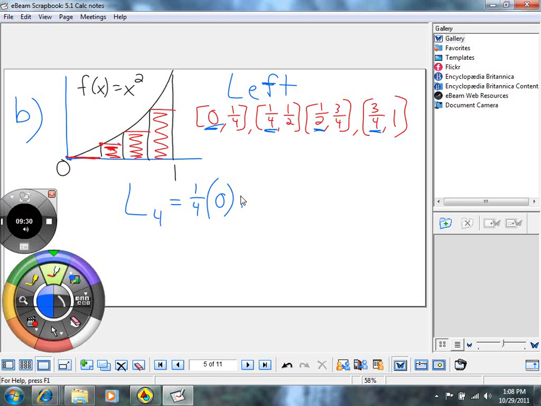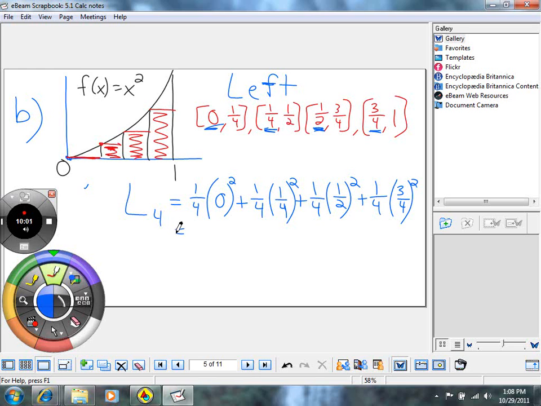I know you do. So then we're going to do this, 1/4. I'm supposed to square this. And then 1/4, and then to use the left, it would be 1/4 squared plus 1/4, and then 1/2 squared. Then the left endpoints, and then plus 1/4 interval width, and then times 3/4 squared.